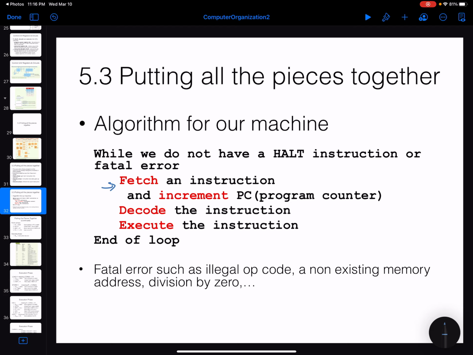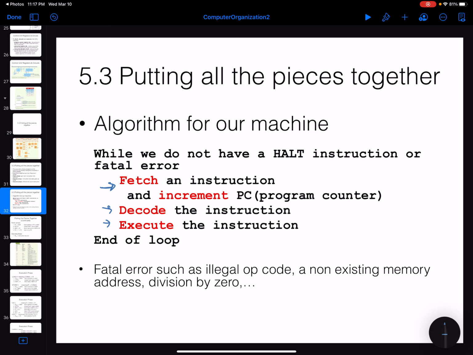So now I'm going to talk about fetch, decode, and execute one by one, because we have already seen the different instructions that the control unit does. But I wanted to tell you, what is fetch? Fetch, in fact, is going to be a couple of steps.